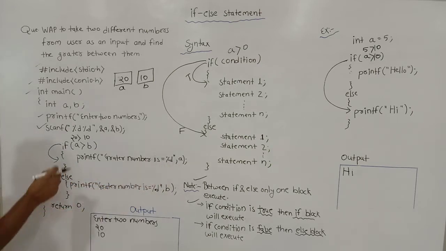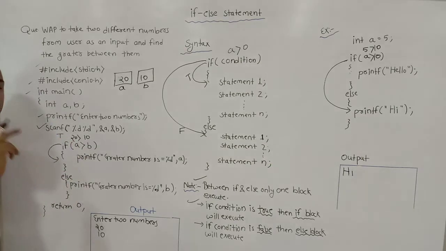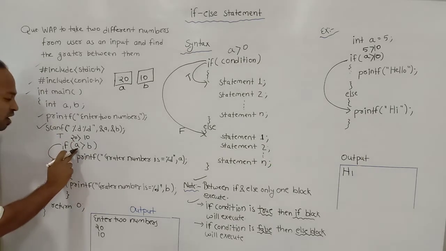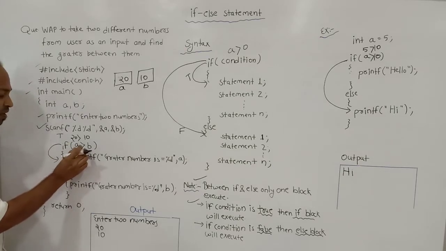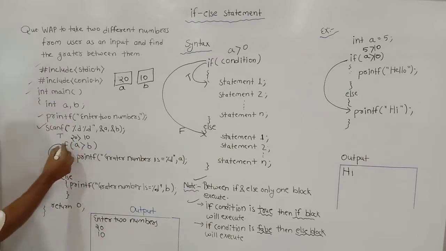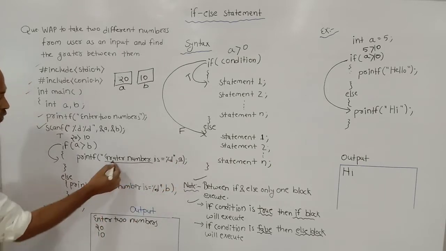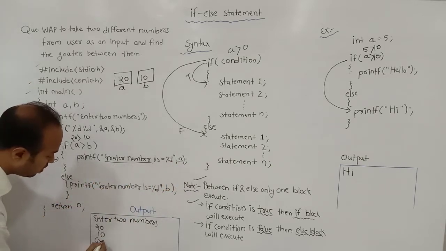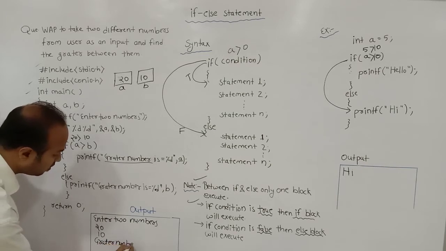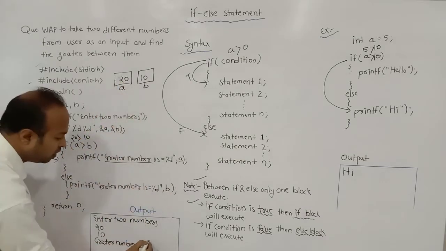Why are we printing this? If this condition is true, it means we can say that the value of A is greater. Therefore we are printing greater number is A. So it will print greater number is A. The value of A is 20, so it will print 20.